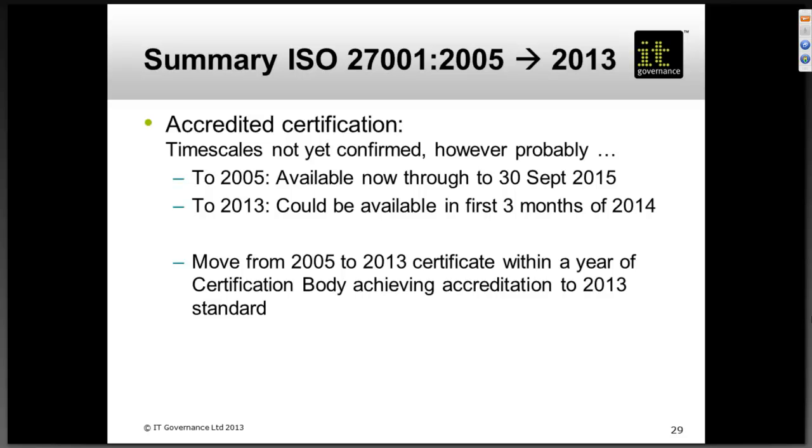Certification to the 2013 version could be available as soon as within the first few months of 2014. And of course there's a big overlap there. It depends on the individual accredited certification body and the service you're looking to adopt. So if you've implemented a project aligned to the 2005 version, the good news is you've got time to achieve certification to that established system that you've been practicing for some time, and then you can make a transition following that.